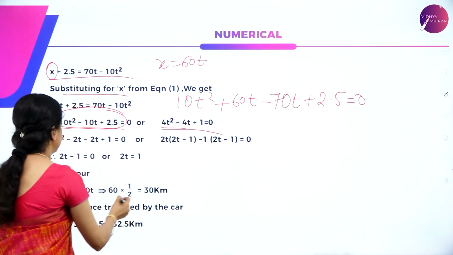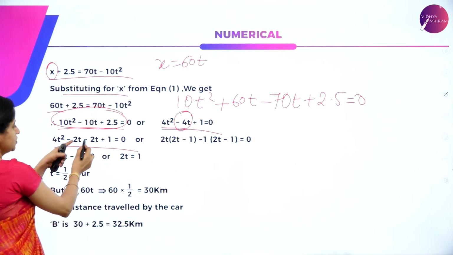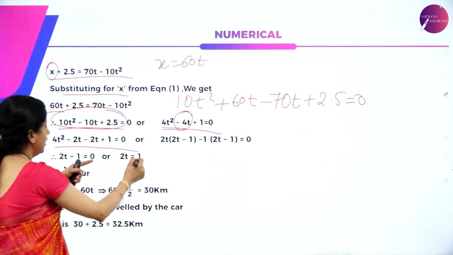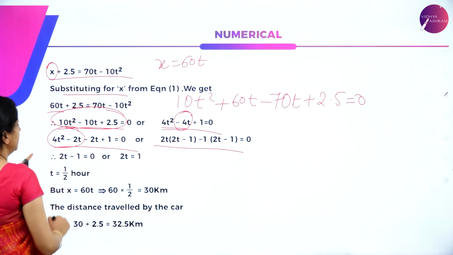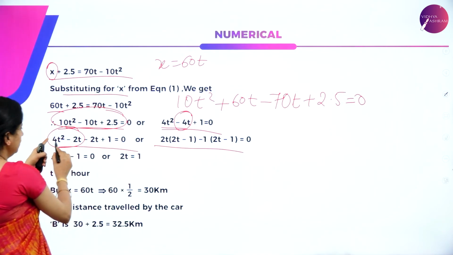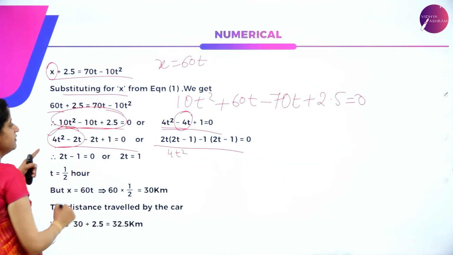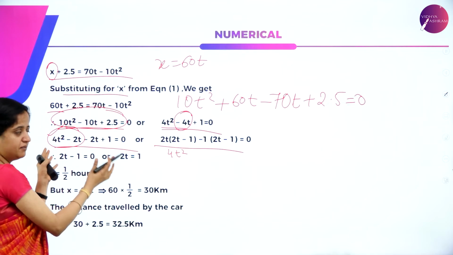And this can be written as 4t square, splitting this minus 4t as minus 2t minus 2t, plus 1 is equal to 0. We can take 2t common from the first two terms, and this will be 2t into 2t, because 2t into 2t is nothing but 4t square. The same way we get minus 2t into 1, which is nothing but minus 2t. So there will be no change.